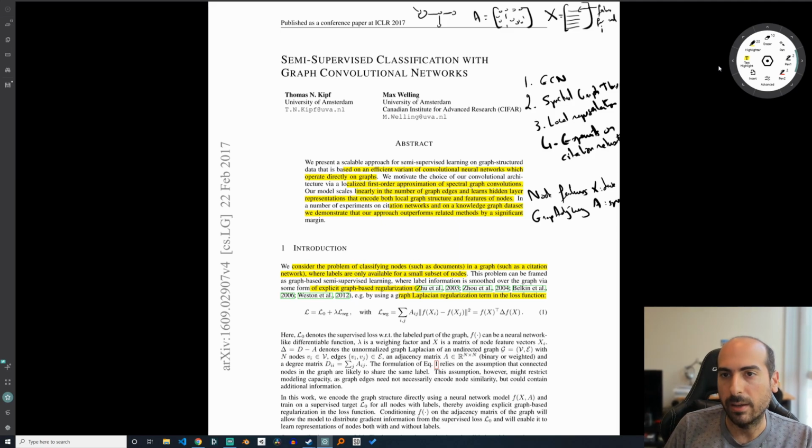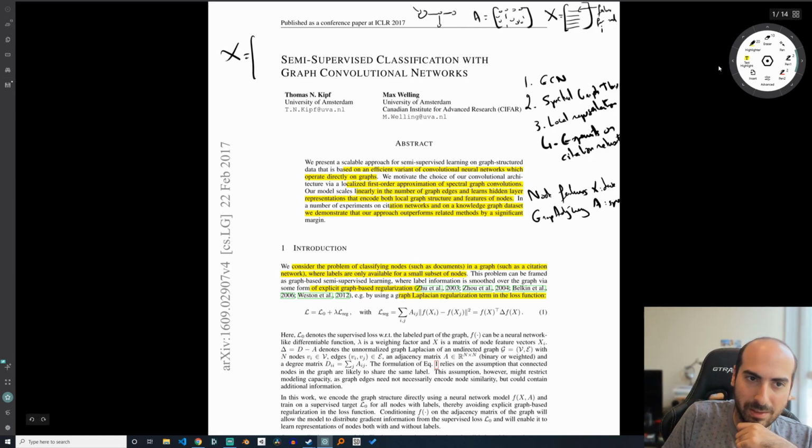Because again, if this was just about node-level classification and you have all the features that you need about a person, you don't actually need to run a graph convolutional network. But in this label vector, which is a column vector, some entries will be filled in, but others will just be sparse.